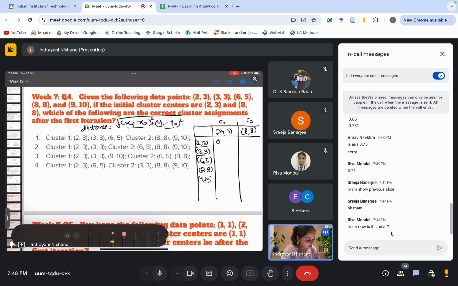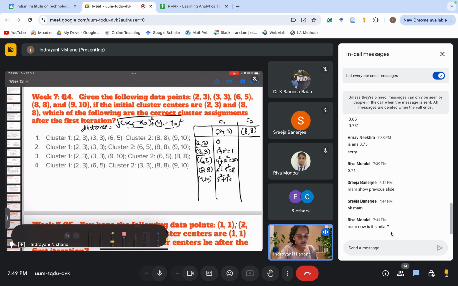Now coming to this, 2 minus 3 is 1, so 1 square plus 3 minus 3 is 0, 0 square, so this is 1. 2 minus 6 is 4, 4 square plus 5 minus 3 is 2 square, so 16 plus 4 is 20. 2 minus 8 is 6 square, 3 minus 8 is 5 square, so 36 plus 25, 61.